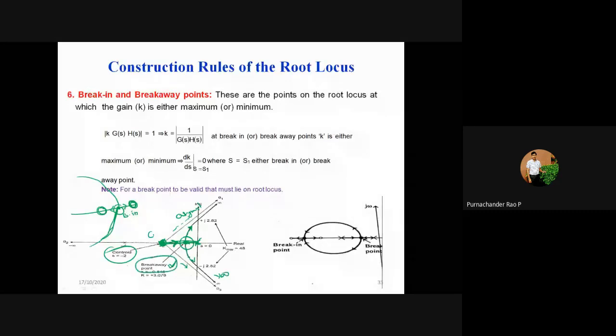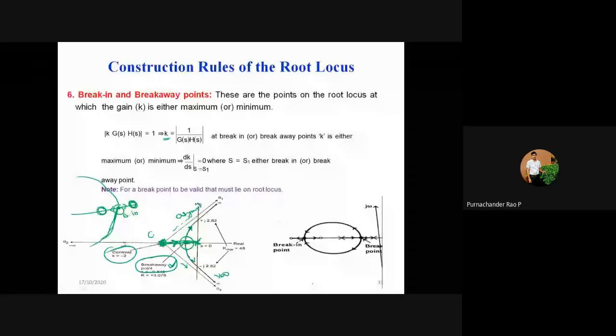This breakaway point can be obtained by using the characteristic equation. Here we need to take the value of k. So k times G(s) times H(s) is equal to 1, so k is equal to 1 by G(s)H(s).